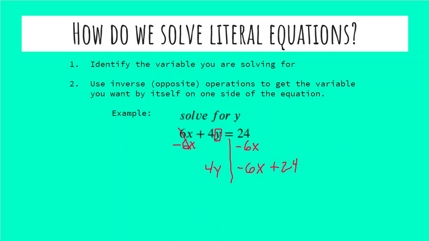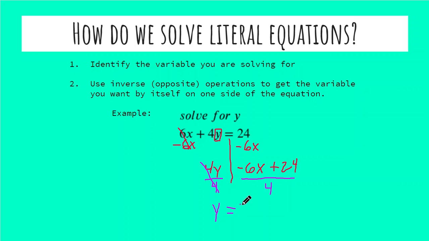So now I'm going to continue on trying to solve for y. That's what I want to get, y by itself. So I have 4y. I know a number next to a letter means multiply, so I want to divide by 4 to get rid of that 4 and leave me with y. And whatever I do to one side, I have to do to the other side. So I'm going to divide that whole thing by 4.